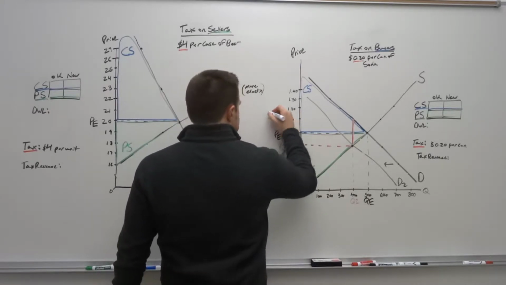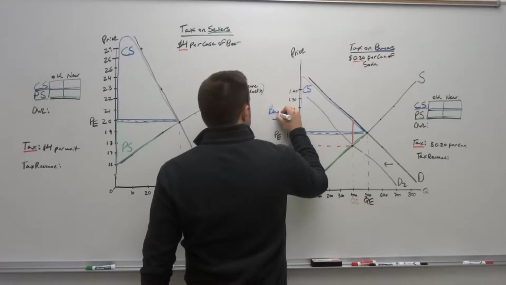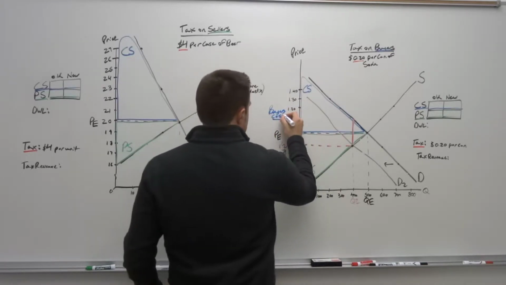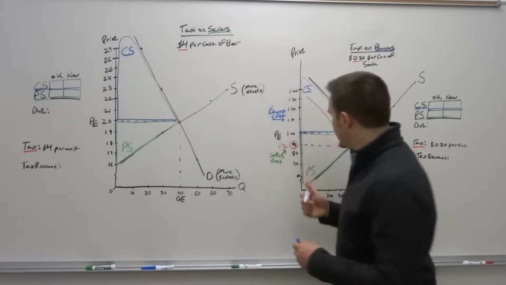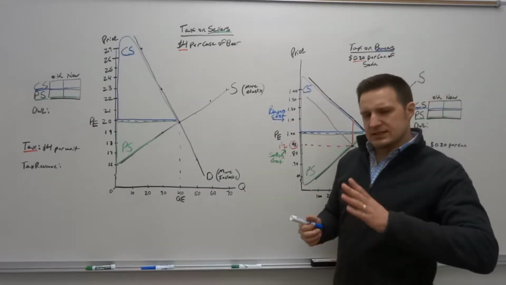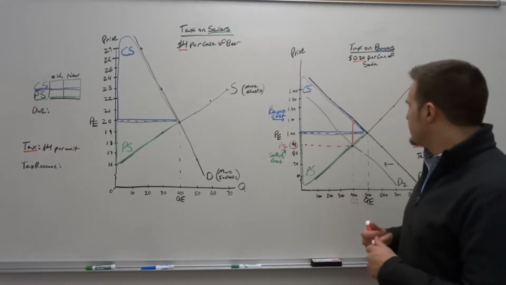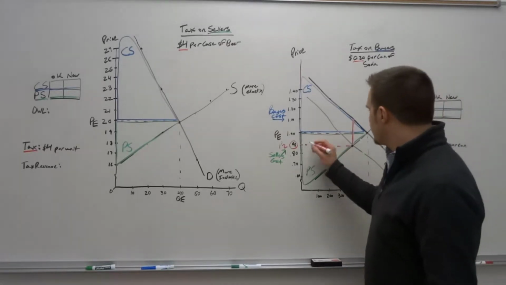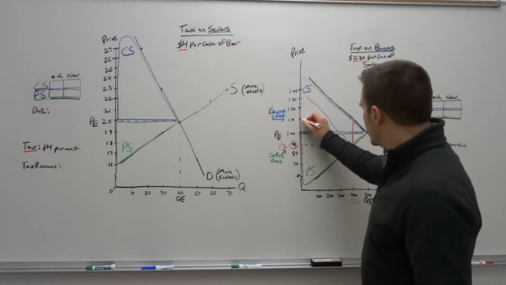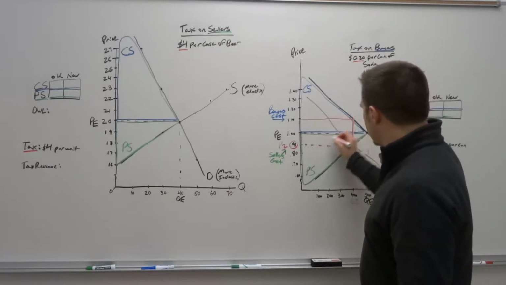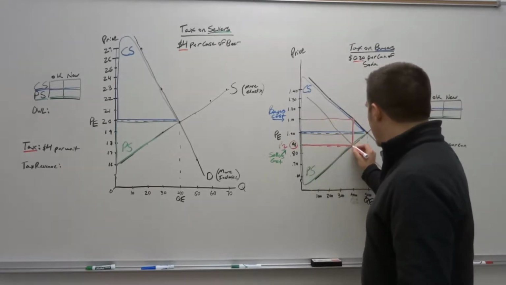So we could think of this as the buyer's cost, the buyer's price. Sometimes people will write that on there. Different textbooks will explain this in slightly different ways. This is the way that I find to be the most helpful. Okay, so now we're going to box off the buyer's and the seller's cost, right?